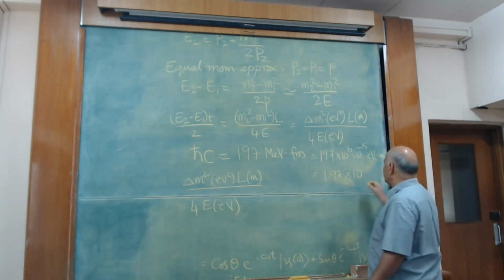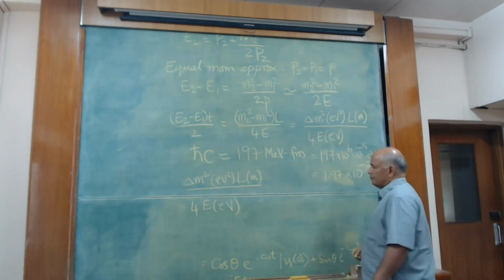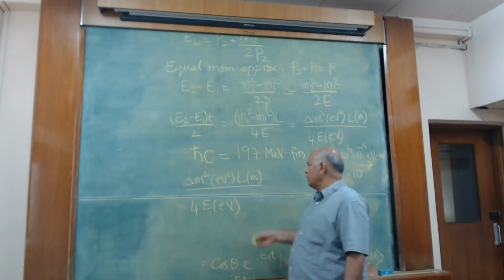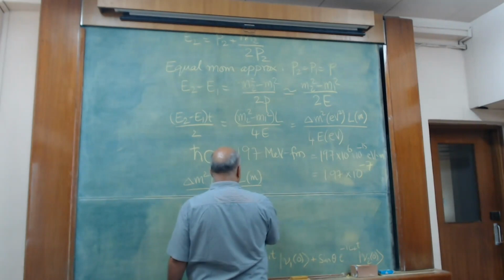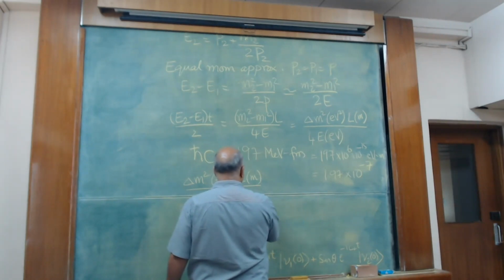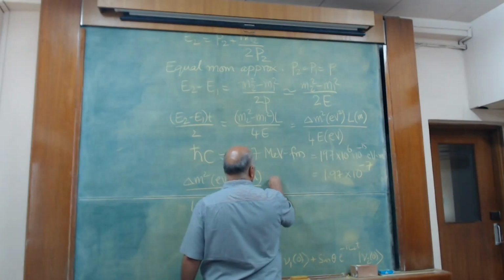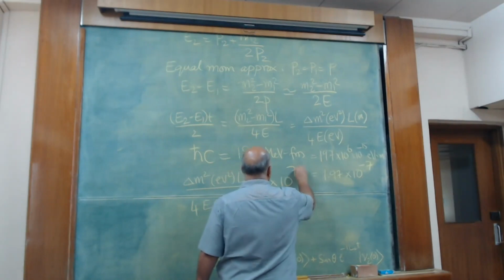So that is 10 power minus 7. I have to divide by this. So 1.97 in the denominator times 10 power 7 in the numerator.